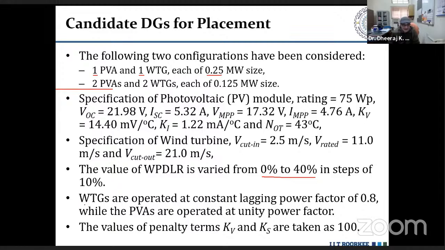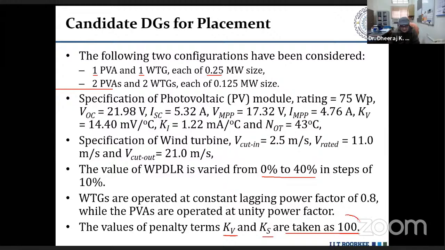The operating power factor of wind turbines is considered as 0.8, while photovoltaic arrays are operated at unity power factor. And the values of different penalty terms for voltage magnitude violation and line loading violation are taken as 100.